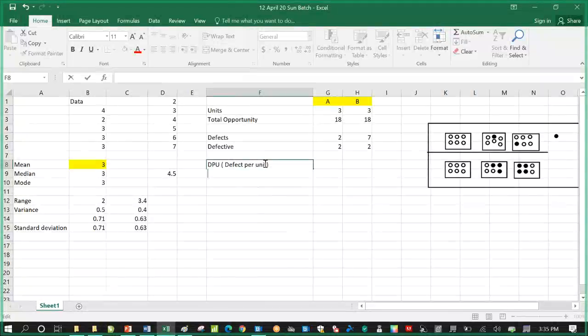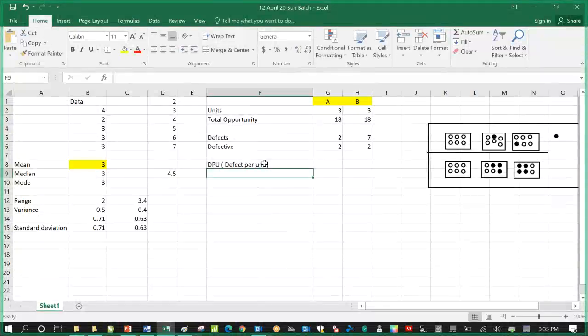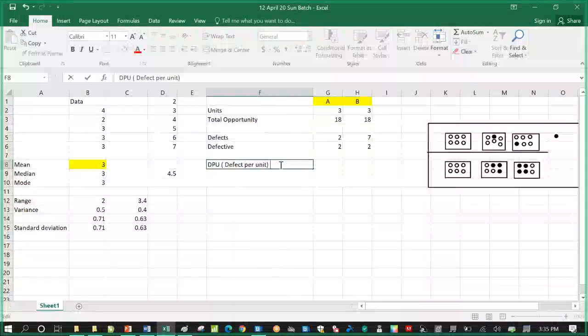So when you say defect per unit, how do you calculate it? You just put a formula here only, I think, equal to total units.